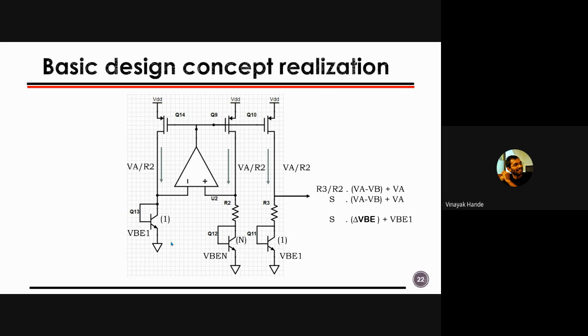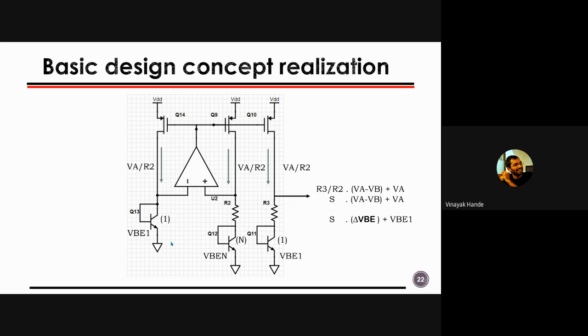It will work, but in simulation, definitely you'll get a voltage of approximately 1200 to 1300 millivolts, right? But still this design is not complete, right? Why is it not complete?